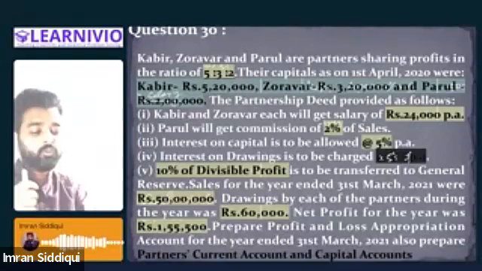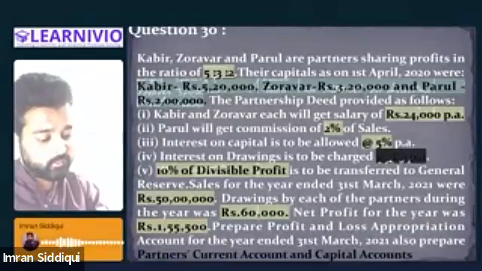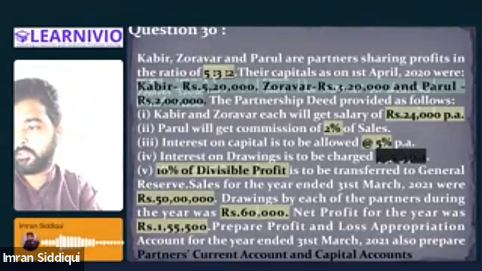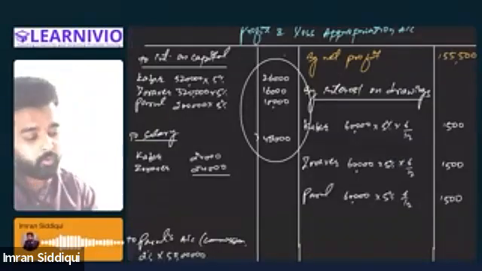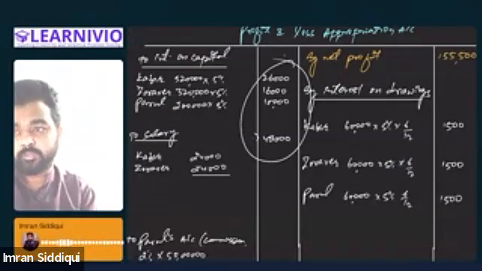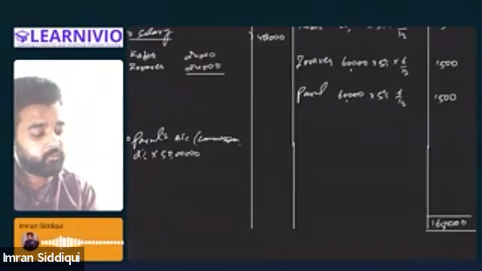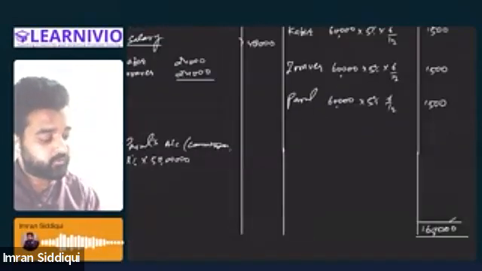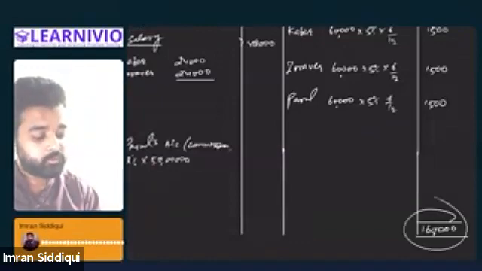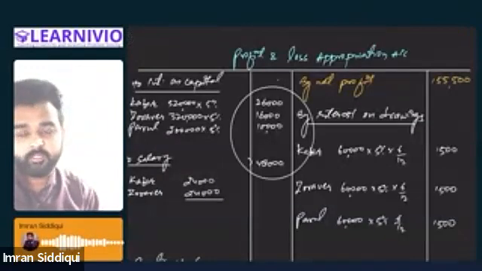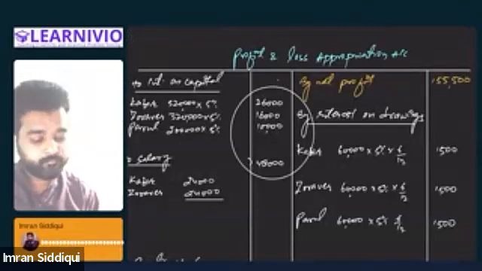So the remaining value after subtracting all of these out of 1,60,000 is only 60,000. Got it? I have subtracted all these values out of 1,60,000, so the remaining value I'm getting is 60,000. Right?